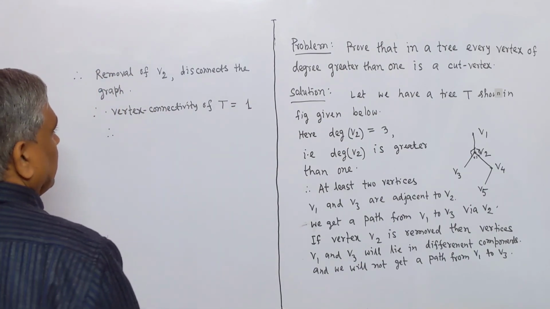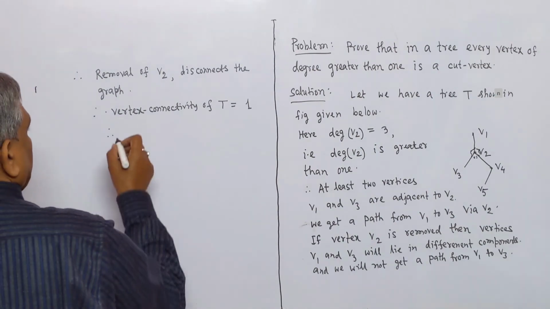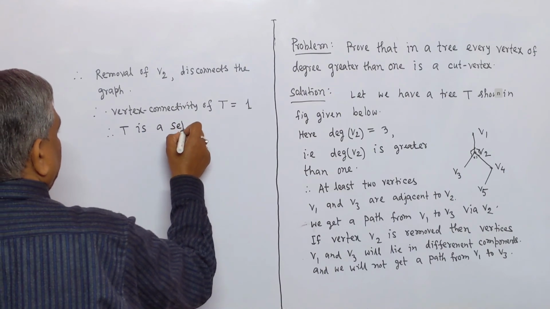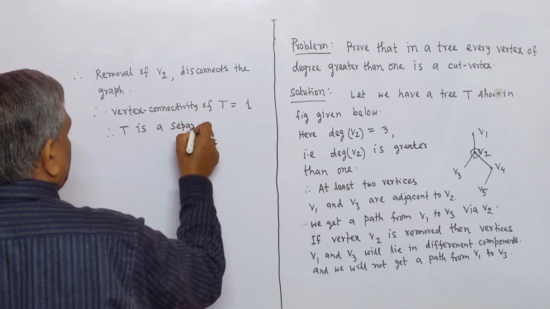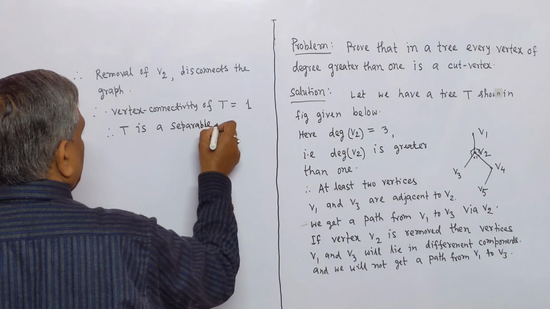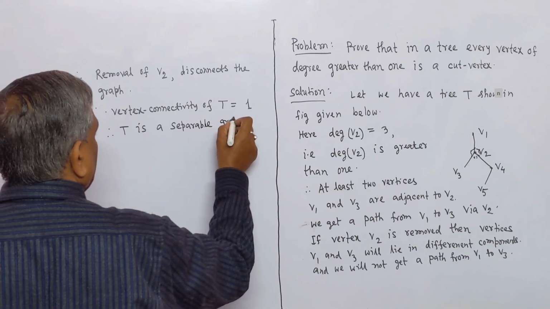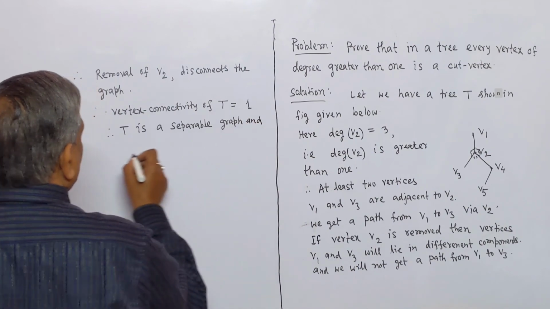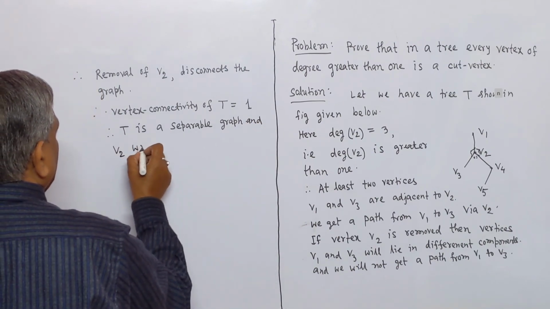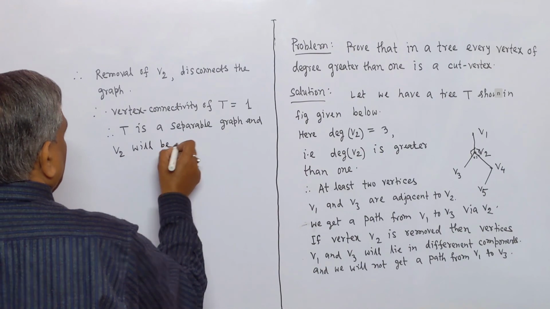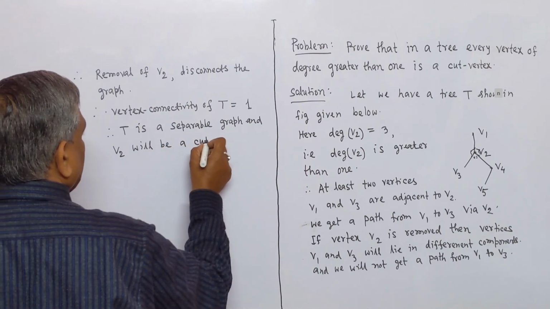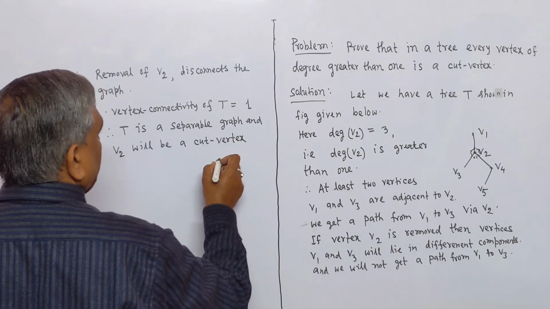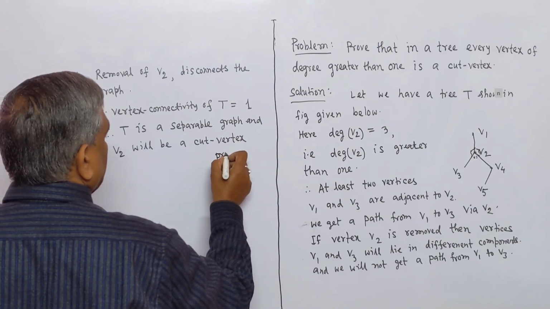Therefore, T is a separable graph. And V2 will be a cut vertex. Proved.